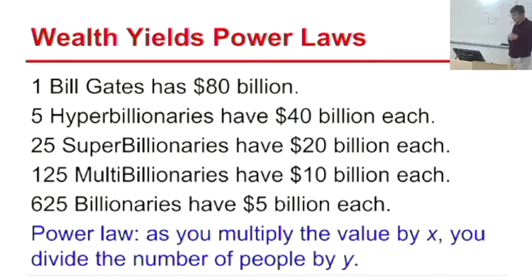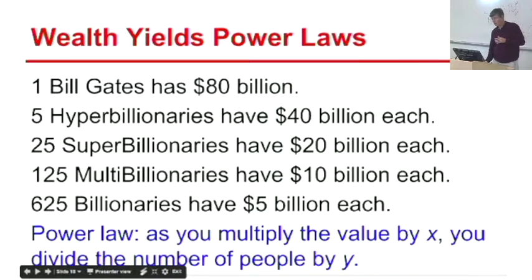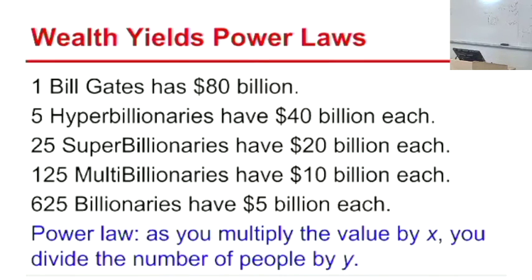And again, as I was saying, in a power law, whenever you multiply the value by x, you divide the number of people with it by y. That's what this equation was saying, isn't it? If I double x, instead of x to the a, it's going to be 2x to the a, right?